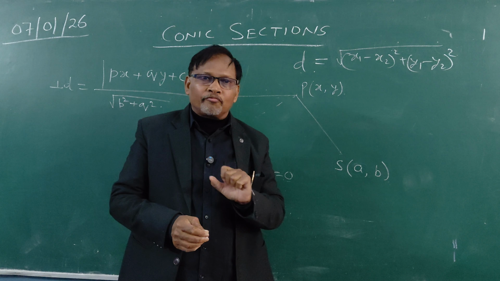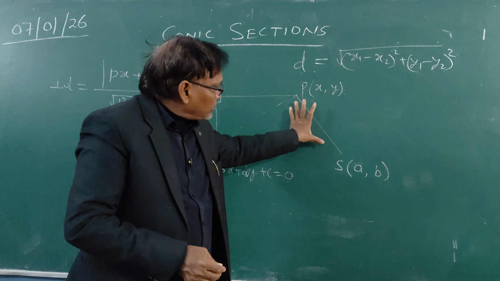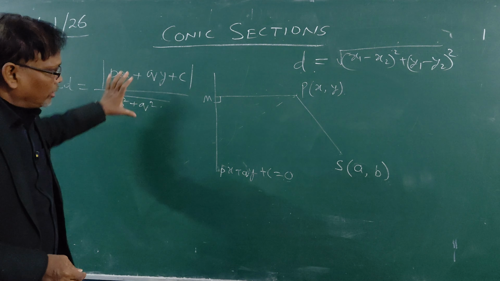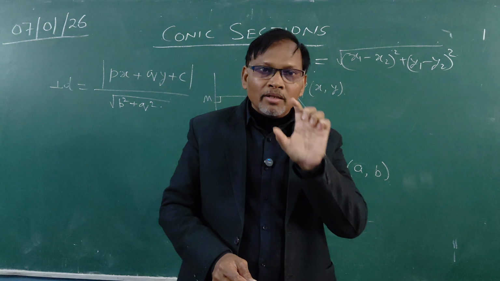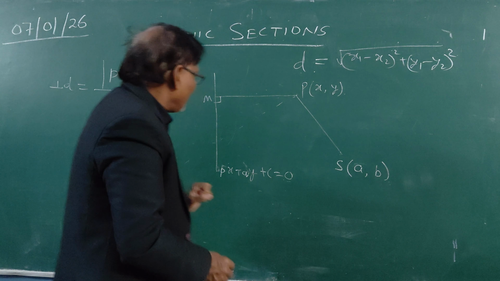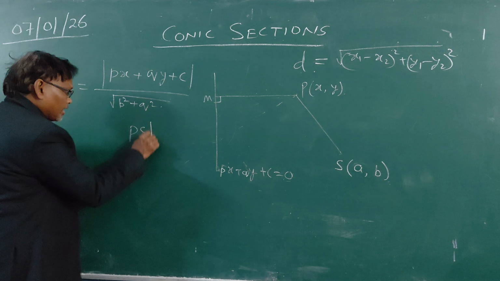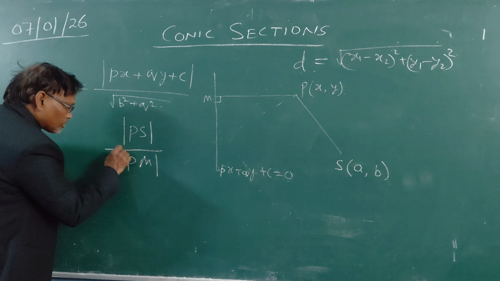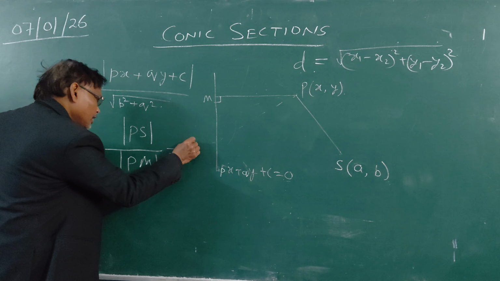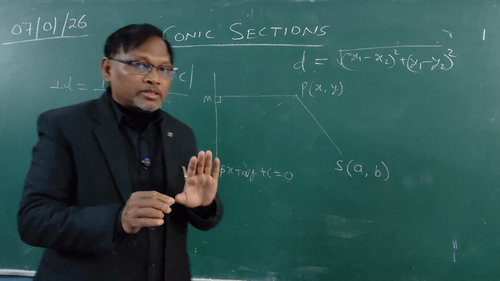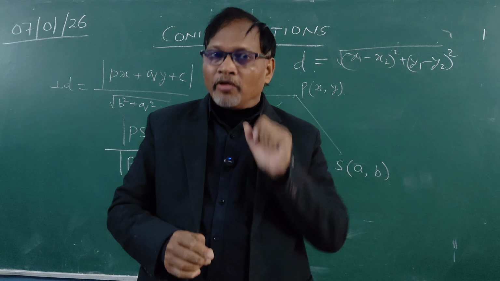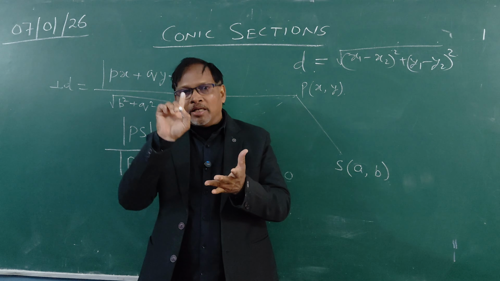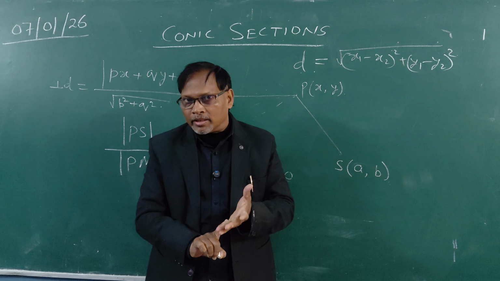So what you have to do is, for this you apply one formula, for this line you apply the other formula, and then find the ratio. After finding PS and after finding PM, just find the ratio. Because it is a ratio, it will give a value. That value may be 1, less than 1, or greater than 1.